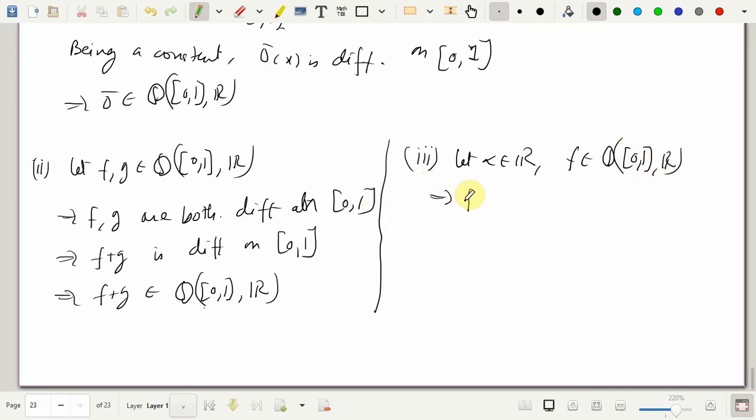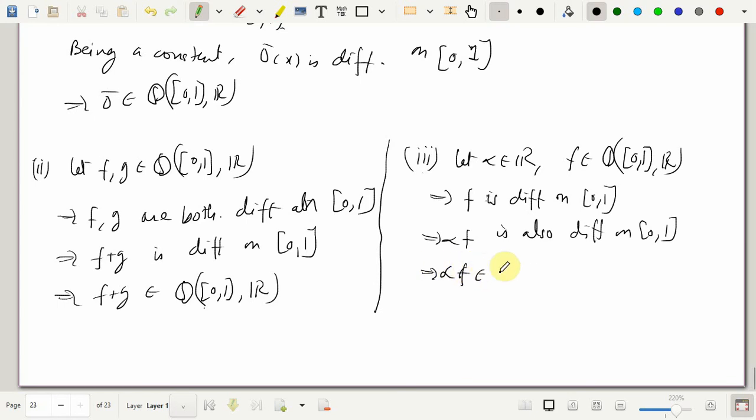So this implies that f is differentiable on 0, 1. And now we know that if it is differentiable, then any scalar multiple of f is also differentiable on 0, 1. So that's enough to say that alpha f also belongs to the collection.